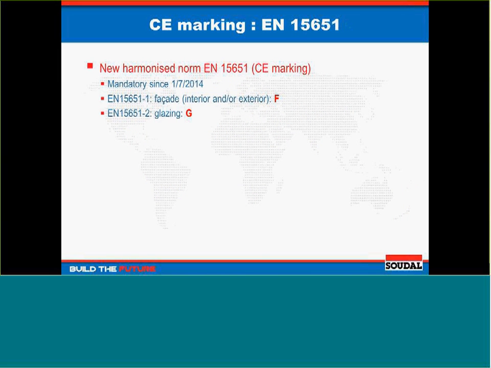Important to point out also is that since 1 year, more or less, we have CE marking on sealants, just as was the case for windows, which was introduced some more years ago. Relevant for our airtightness issue of today is the F and G grade sealants, facade and glazing.